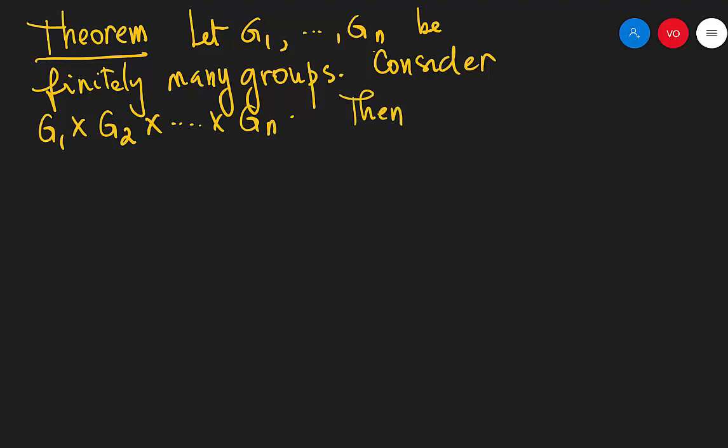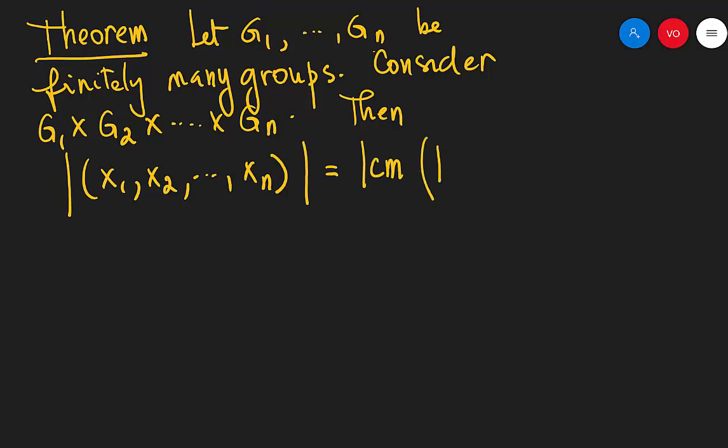Then an arbitrary element x1, x2, and so on in this Cartesian product has for order the least common multiple of the order of x1, the order of x2, and the order of xn.